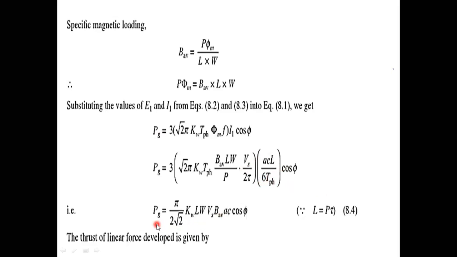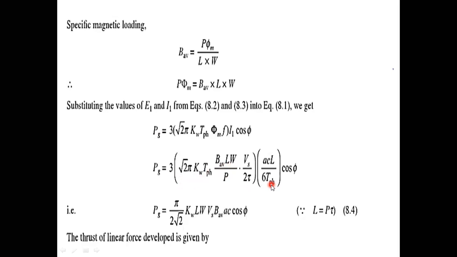Then the gross power developed, after substituting L is equal to P tau in the equation, we cancel P and the other P value. Therefore B average L W by P has been cancelled. So root 2 pi into kW, turns per phase and B average, and L can be multiplied with P into tau, P cancelled. Here turns per phase and turns per phase are cancelled.